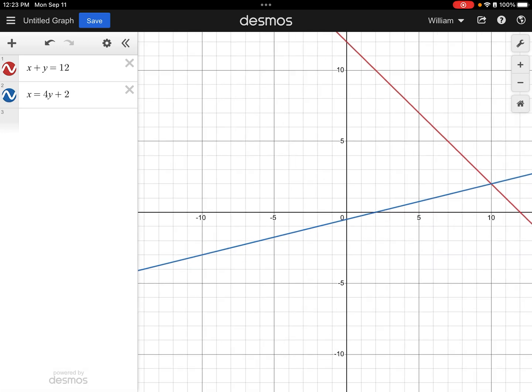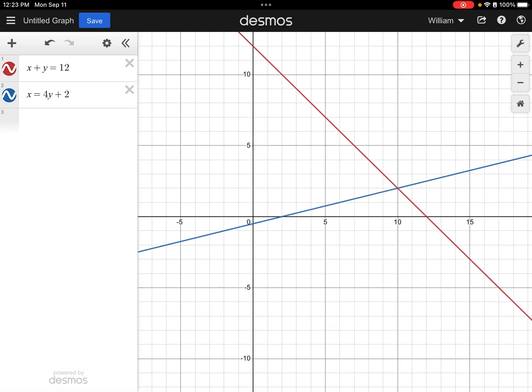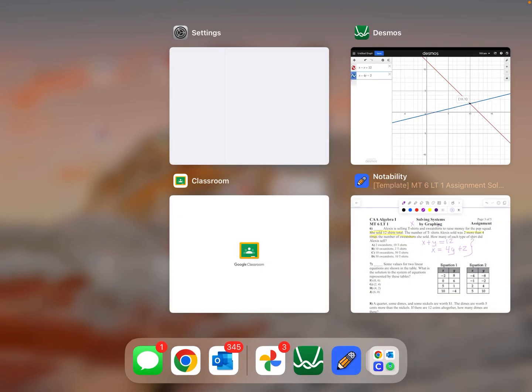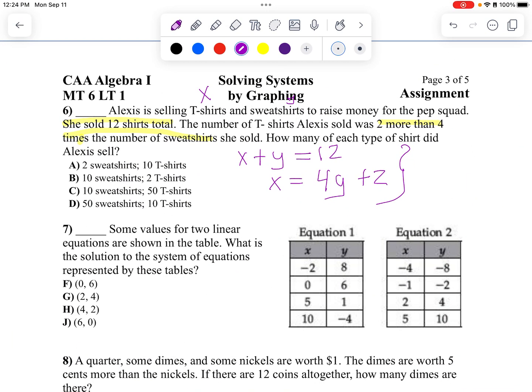And then I can zoom my graph in a little bit, and I can see where they cross. They cross at 10 and 2. So we're going to have 10 t-shirts and 2 sweatshirts, which is choice A.